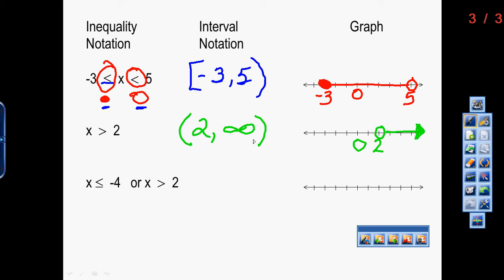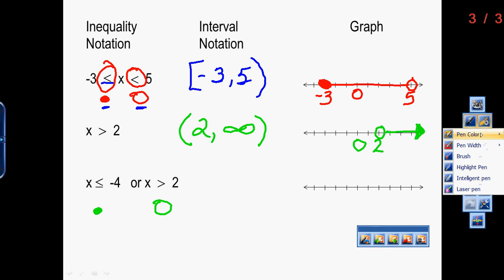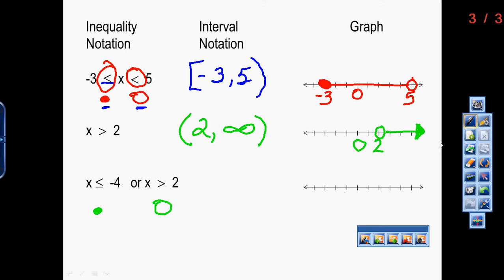So what about this next one here? Because I have x is less than or equal to -4, I know I'm going to have something that's colored in. Because I have x is greater than 2, I know that I'm going to have something that's open. So sometimes it's best to just denote what you're going to have to make sure you do it right. Now I'm going to go to my graph and denote where my 0 is.